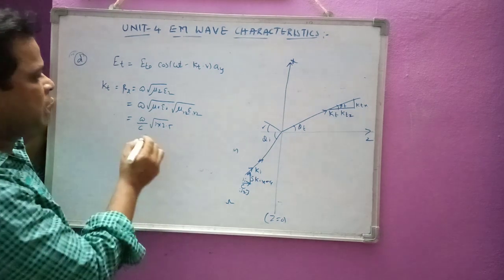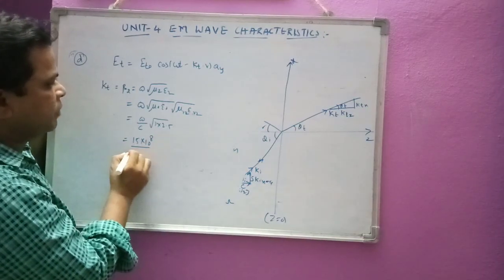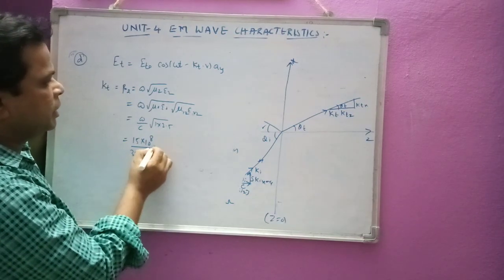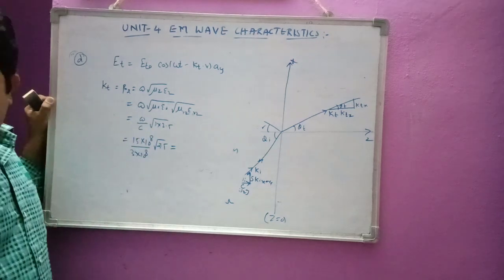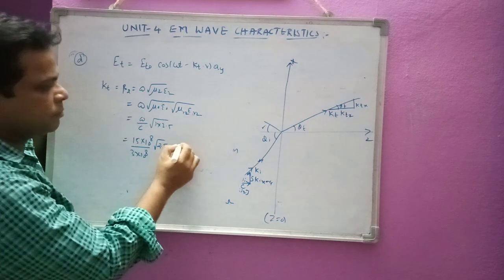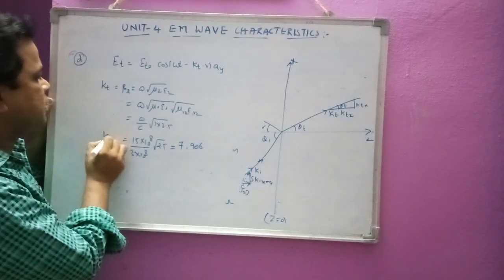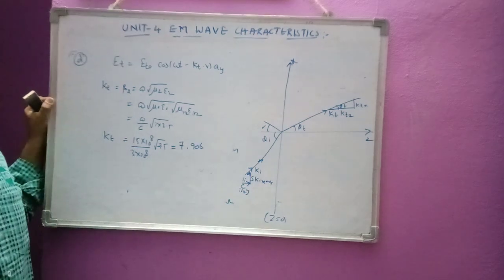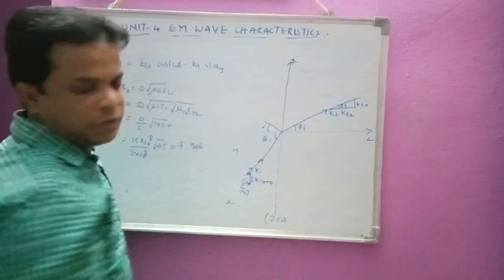That is mu naught epsilon naught into mu r2 epsilon r2, which is omega by c times root 2.5. So to find beta 2, we already have omega, 15 into 10 to the power of 8, and c is 3 into 10 to the power of 8, times root 2.5. This value turns out to be 7.906, that is kt. Now we need to find ktx and ktz from this triangle.